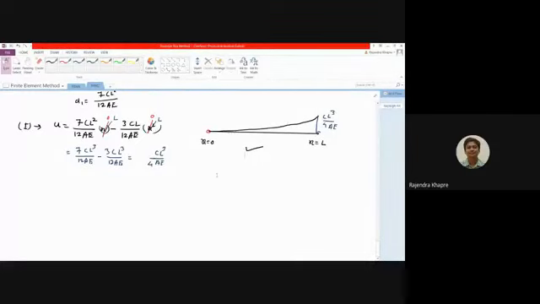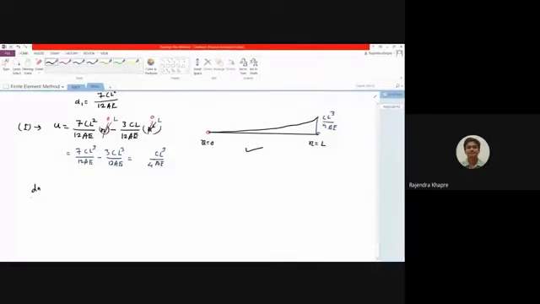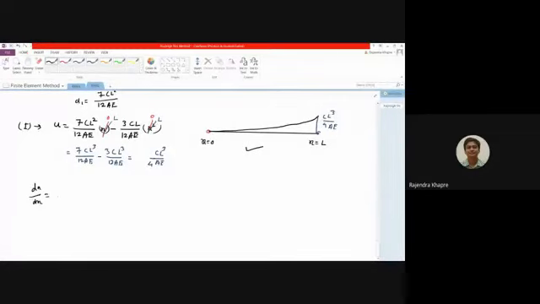Now let us quickly go for the strains. Your strain is nothing but du by dx. So here the value of du by dx can be calculated. Since this is x, du by dx will now become 1.